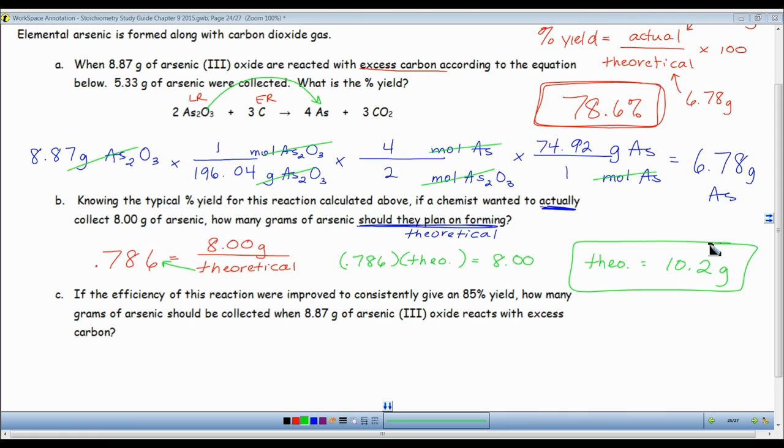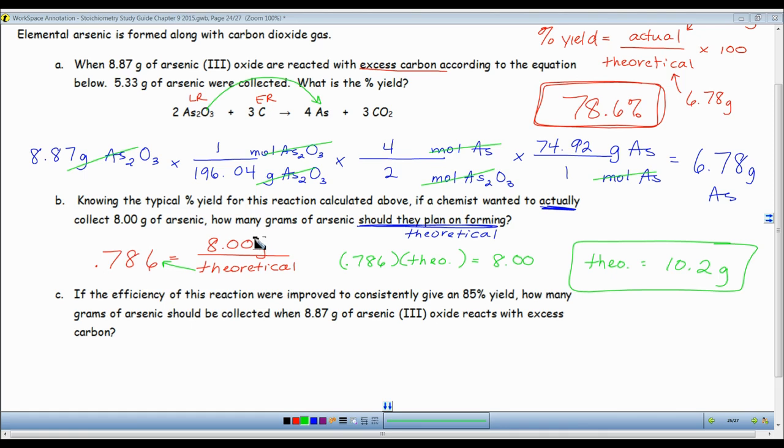Which means then that if a chemist needs 8 grams of arsenic on their boss's desk by Friday morning, well, you got to know the typical percent yield. Reactions don't run perfectly. In the real world, we always lose a little product, or maybe you've got some sources of contamination that make your percent yield higher than what it should be. So we need to overcompensate.